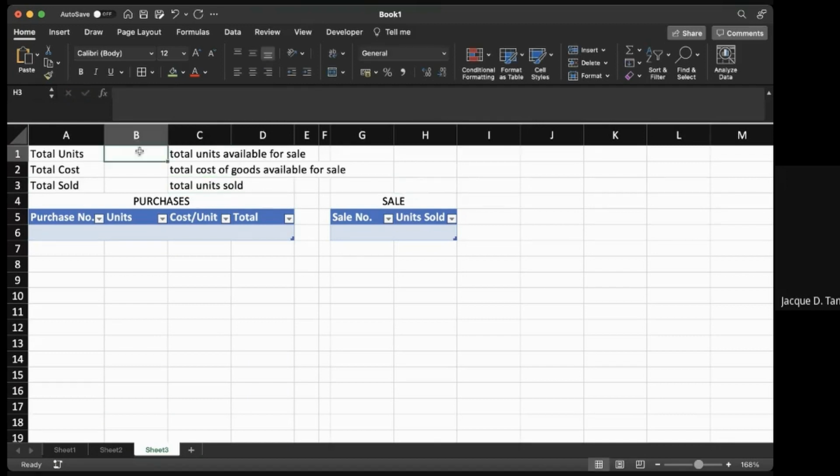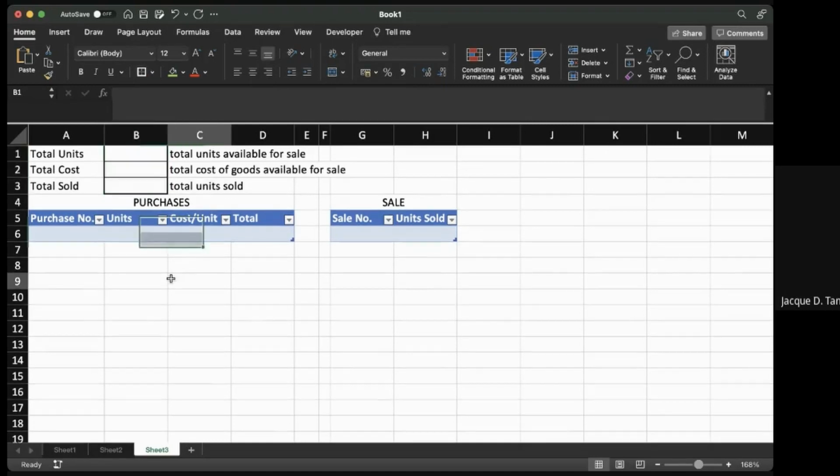So I'll just create here a border so that at least we have something to see here, or to separate the three items, and then we can also fill them with colors so that at least it would be easier for us to determine that these are our summary.